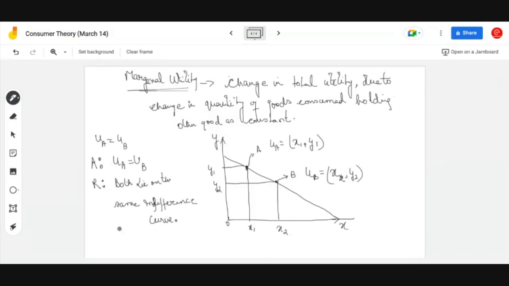So now tell me whether both are correct, both are not correct, whether reason is the correct explanation of assertion, or both are correct but reason is not the correct explanation of assertion.